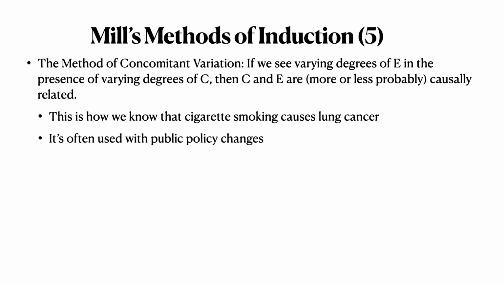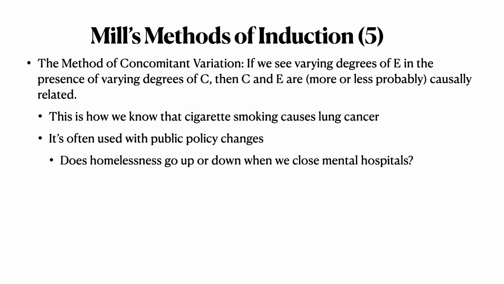This is also often how we assess the effects of changes in public policy. So, for example, does homelessness go up or down when we close mental hospitals, right? We can see in time that there's one level of social spending that we have, and then we reduce that level of social spending and we can observe what effect that has on homelessness.